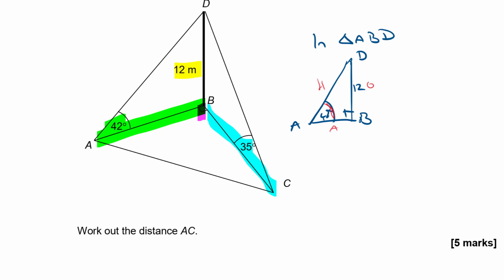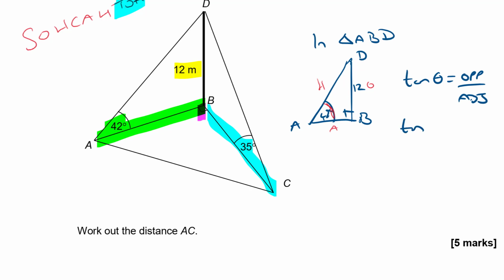So SOHCAHTOA, A and O is the tangent, isn't it? So I'm going to be using tan of an angle is equal to opposite over adjacent. So tan 42 is equal to the opposite, which is 12, divided by AB, which I'm trying to find.